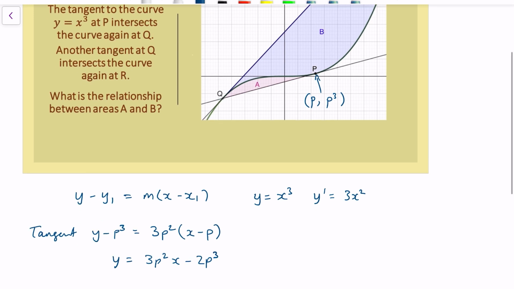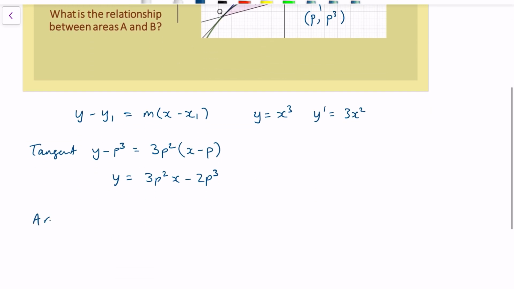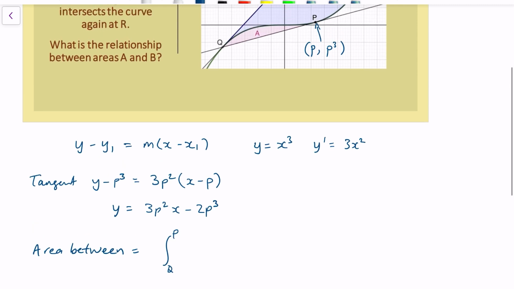So if we find the area between, it's just an integral of a difference, so we can integrate between two limits at the q value and the p value. The top function for this one is x cubed, and the bottom function is the tangent.